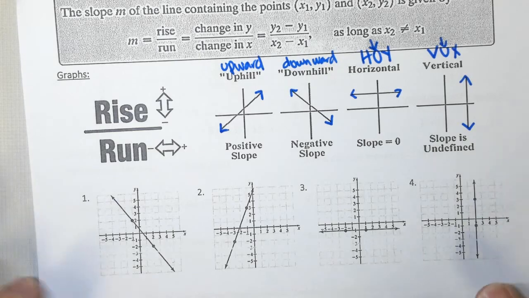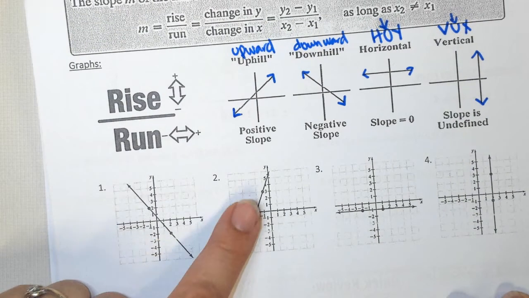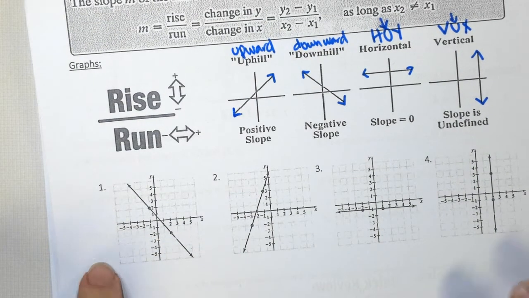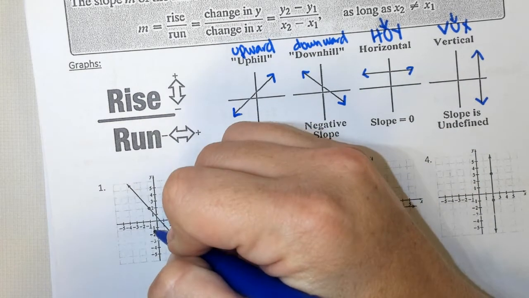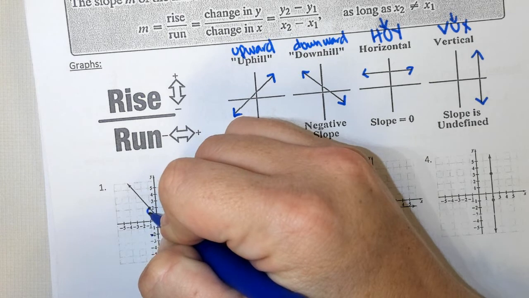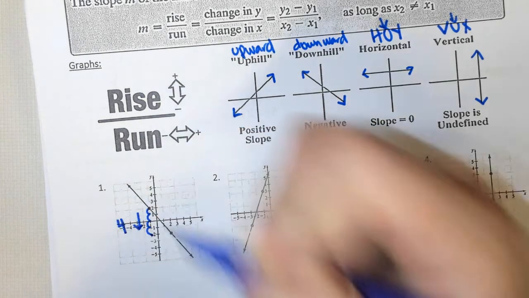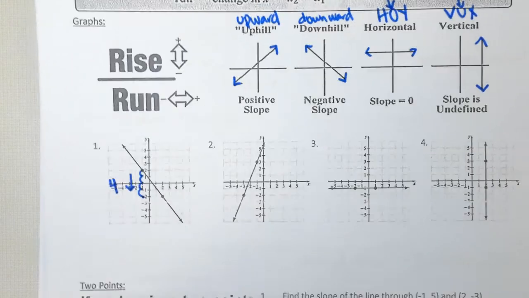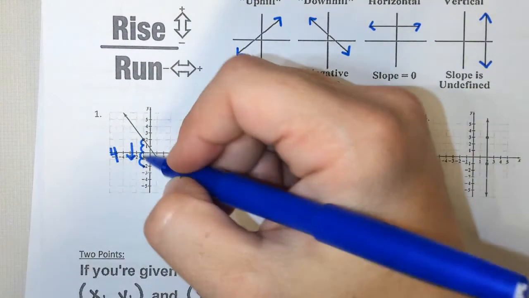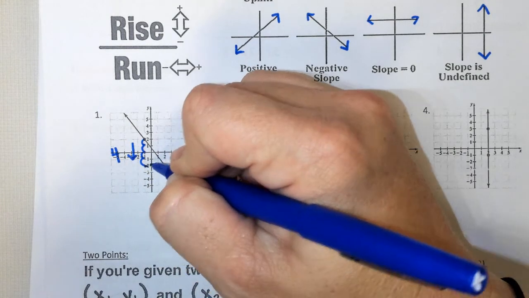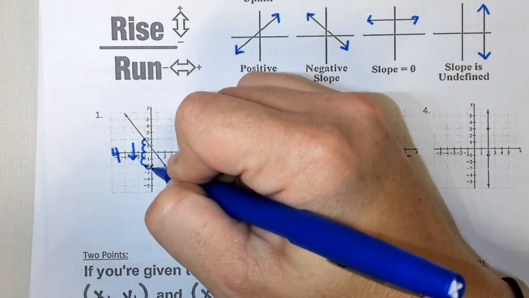Okay, so I'm going to show you on a graph. I've plotted 2 points to help you find the pretty points so we can find the slope. So first, I'm going to go down 1, 2, 3, 4. So I went down 4. And I'm going to go right 1, 2, 3.